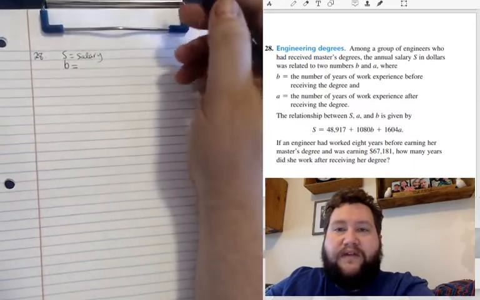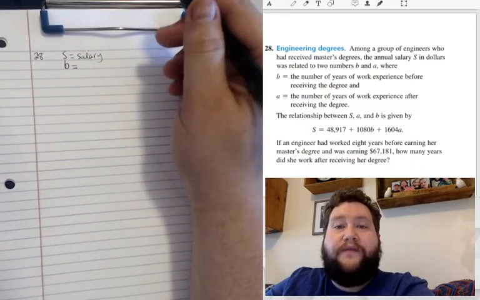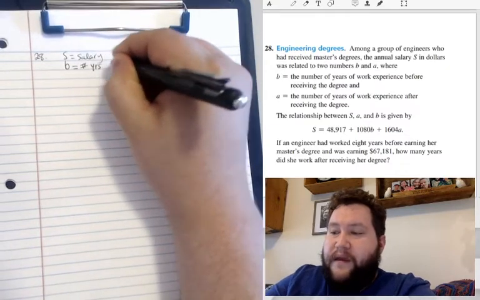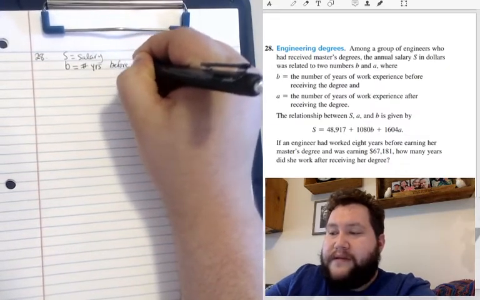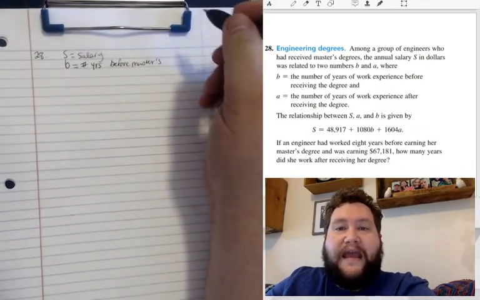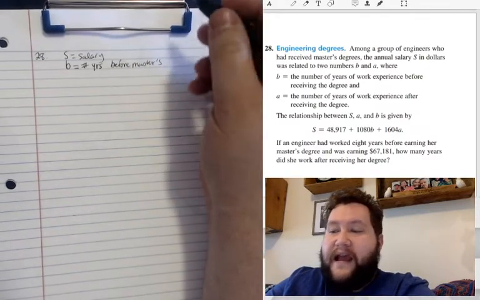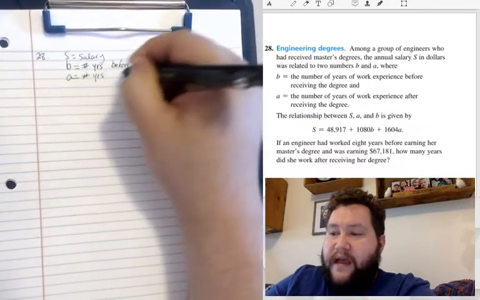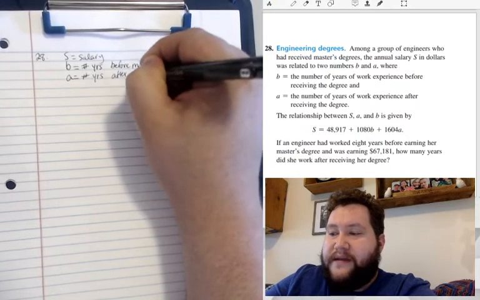B was the number of years of work experience before the master's degree. So B is number of years before master's. And then A is the number of years of work experience after the master's. So A is number of years after master's.